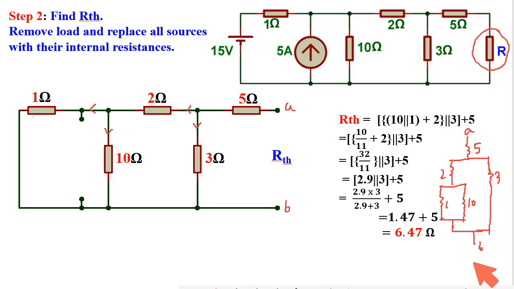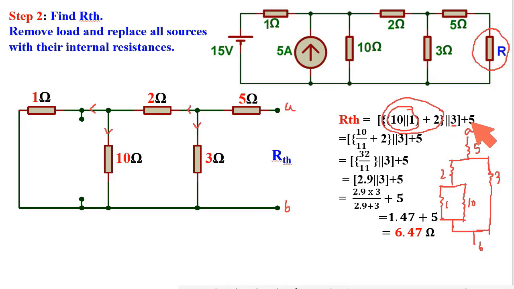Now it is very clear which one is in series and which one is in parallel. First, 1 and 10 are in parallel. This is in series with 2 ohm, and the combination of this is in parallel with 3. The whole combination is in series with 5.